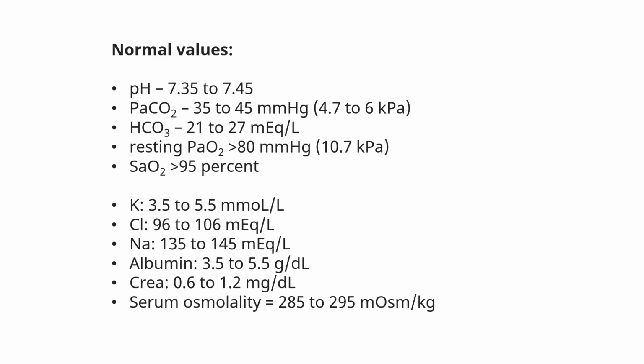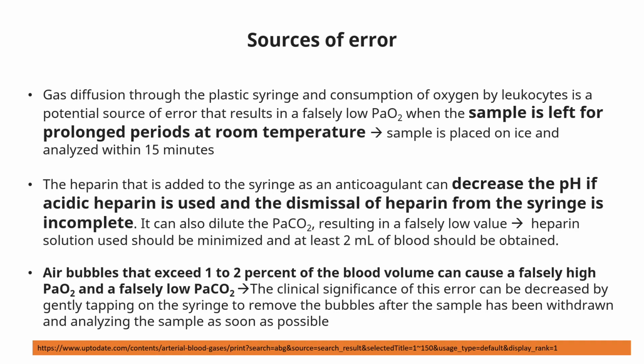Be familiarized with the normal values of your ABG and then your electrolytes, including the albumin and the creatinine, and serum osmolality. Sources of error: you have this one from the sample, prolonged periods at room temperature.